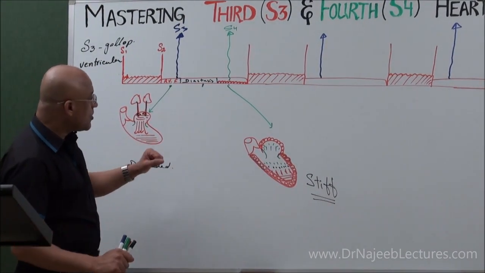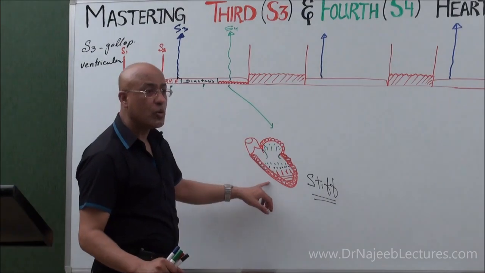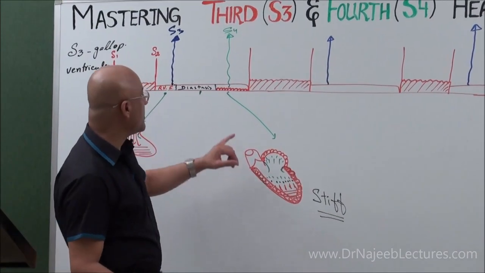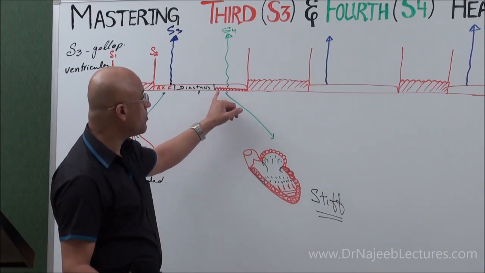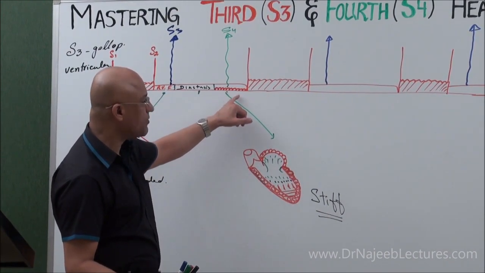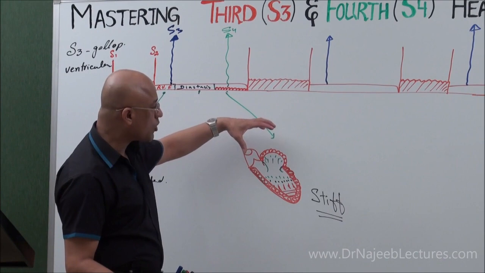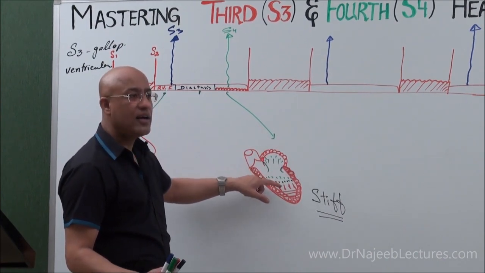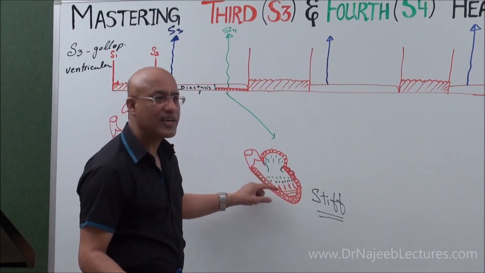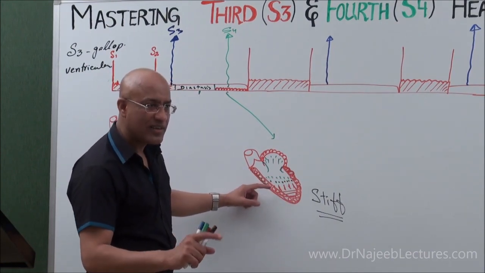The fourth heart sound is produced only pathologically, when at the end of ventricular diastole the atria contract forcefully to fill the stiffened ventricle.